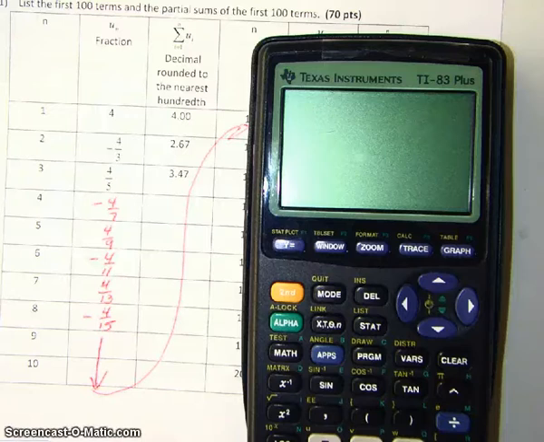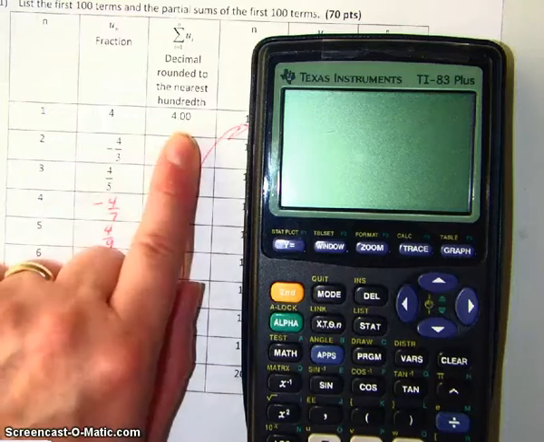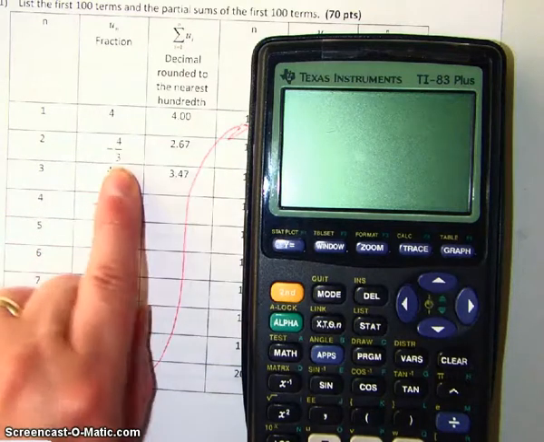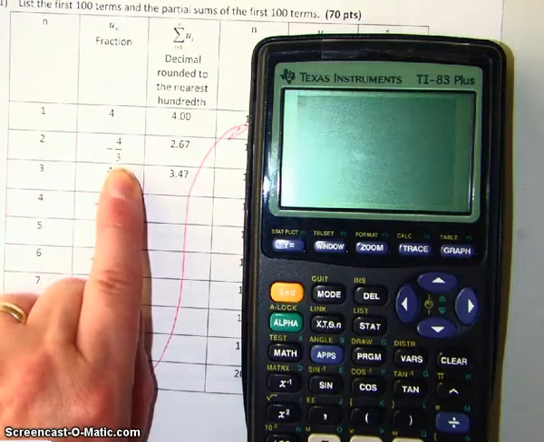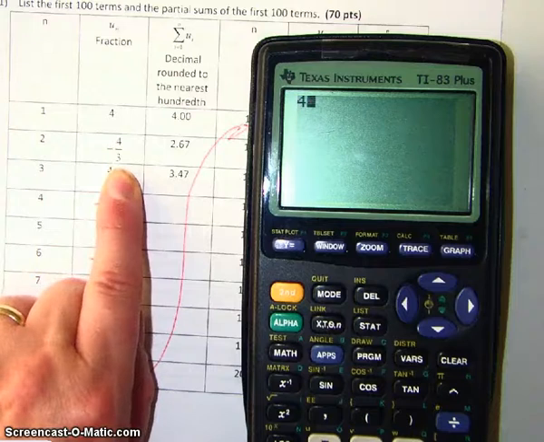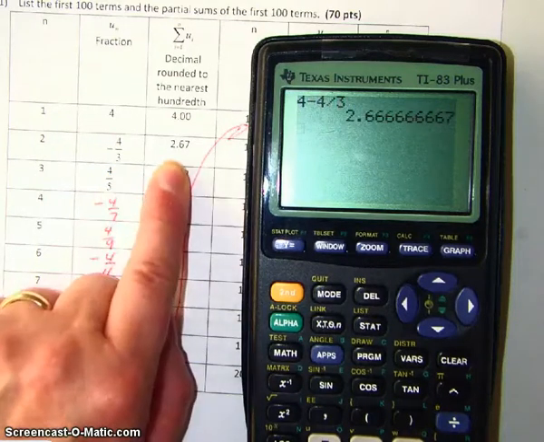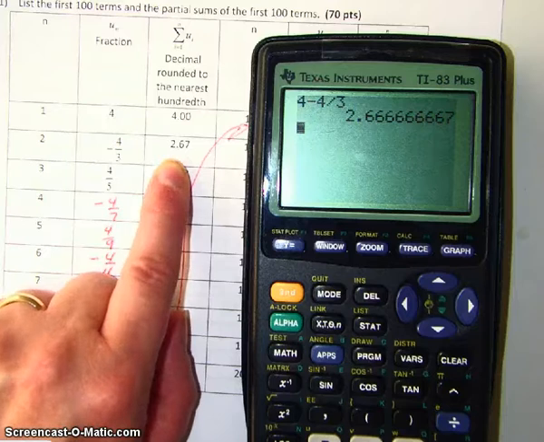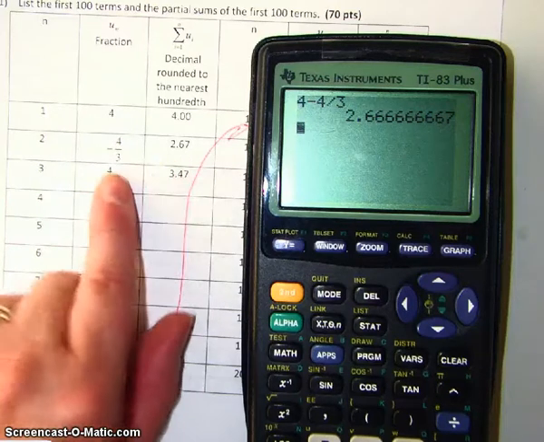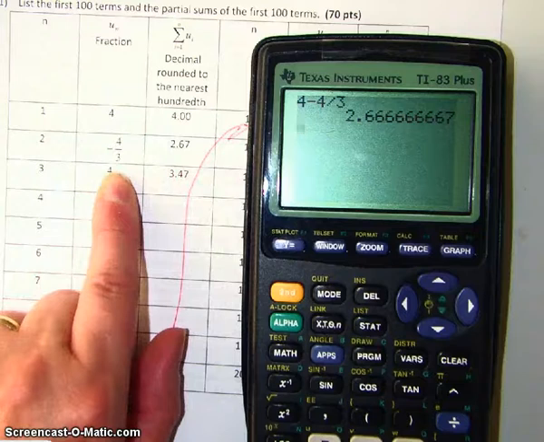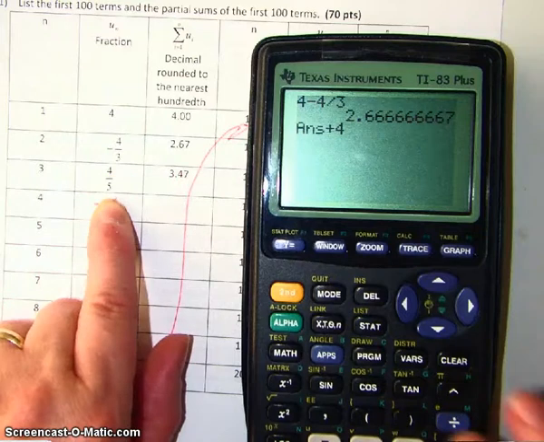All right, so if I start with 4, and I'm going to add to that, let me turn the calculator on. All right, I start with 4, and I add to that negative 4/3. I get 2.67, and I'm asking you to round that to the hundredths place. Now I'm going to keep that in memory and then add to that positive 4/5.